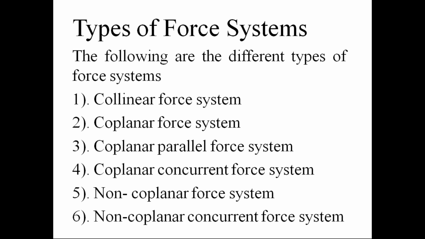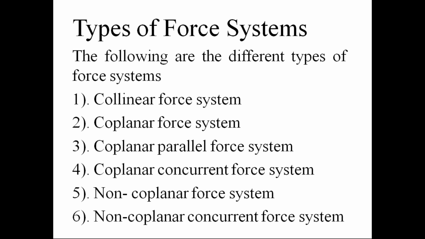So these are the 6 types of force systems. First one is called collinear force system. Second one is coplanar force system. Third one is coplanar parallel force system. Fourth one is coplanar concurrent force system. Fifth one is non-coplanar force system, and sixth one is non-coplanar concurrent force system.